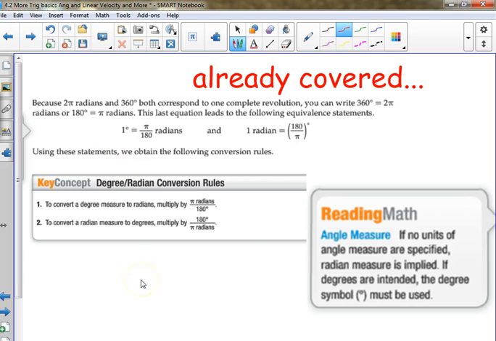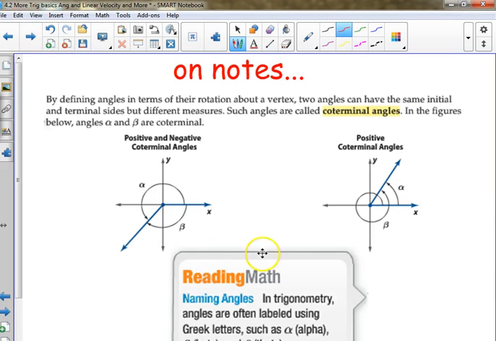Does anybody need me to go back and forth between angles and degrees and radians? Okay. And this is on your notes, but we just discussed this, yes? Going this way is positive and this way is negative, but these are called coterminal. Why are they called coterminal? They end in the same place, right? You stop measuring in the same place.